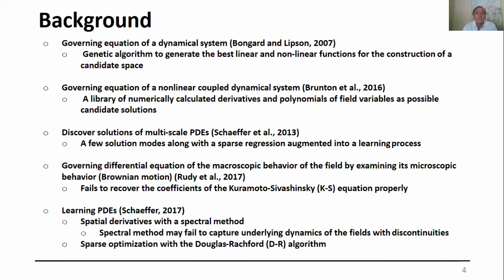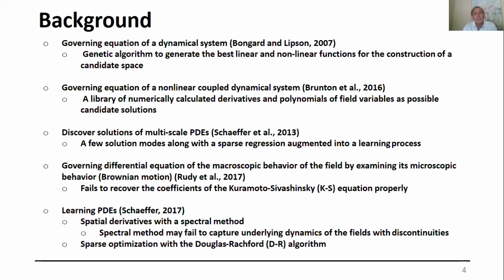In 2016, Brunton and his colleagues used a library of numerically calculated derivatives and polynomials of the field variables as possible candidate solutions, and were able to derive the governing equation of a nonlinear coupled dynamical system. And Schaefer and his colleagues, 2013, included a few solution modes along with a sparse regression algorithm, and were able to discover solutions of multi-scale PDEs.